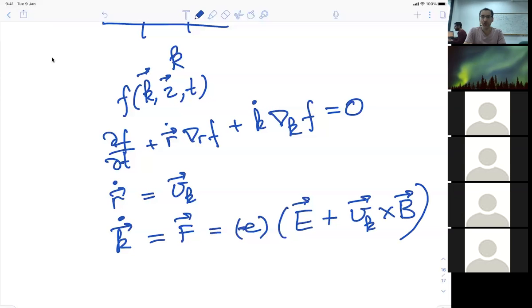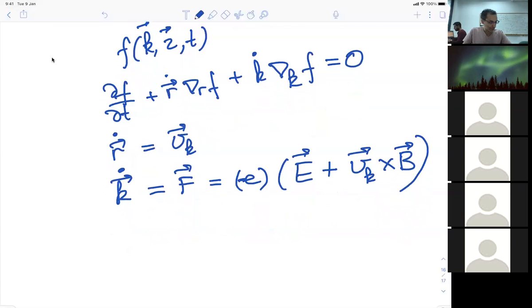It says that the motion of each and every particle is governed by semi-classic equations of motion, and there is an occupation of the phase space that is given, and this equation describes how it evolves.